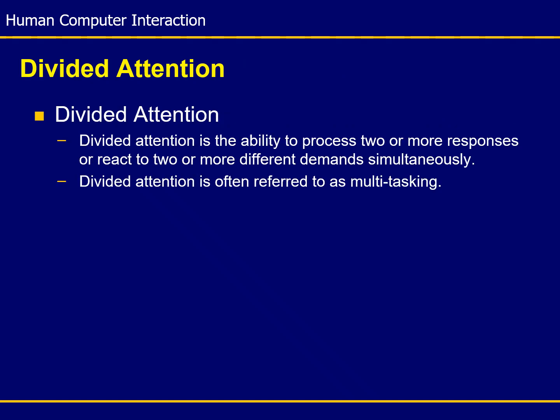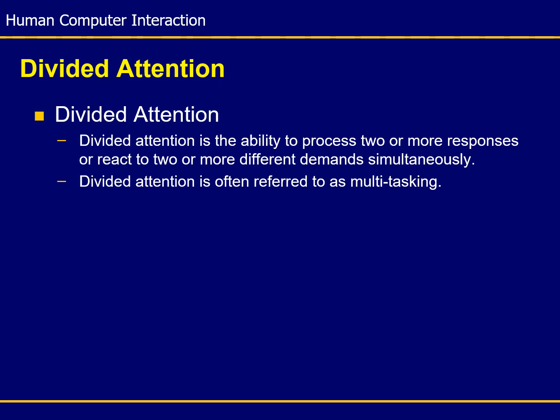Next, we're going to go to divided attention. Now, divided attention is different from alternating. Divided attention is the ability to process two or more responses or react to two or more different demands simultaneously. By the way, while you're studying, that's why again it's a bad idea. You're either going into alternating attention when you leave what you're studying and look at the YouTube channel that you have opened, or you could go into divided attention mode, which is even worse than alternating attention.